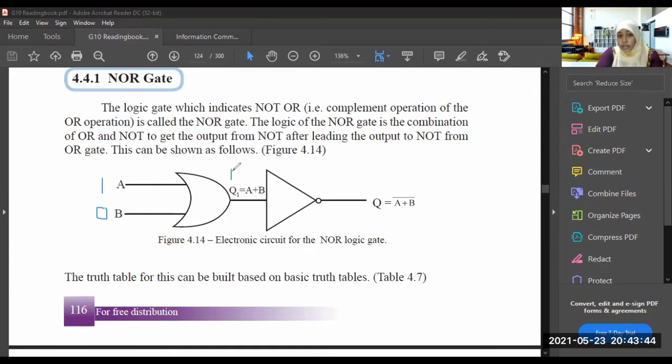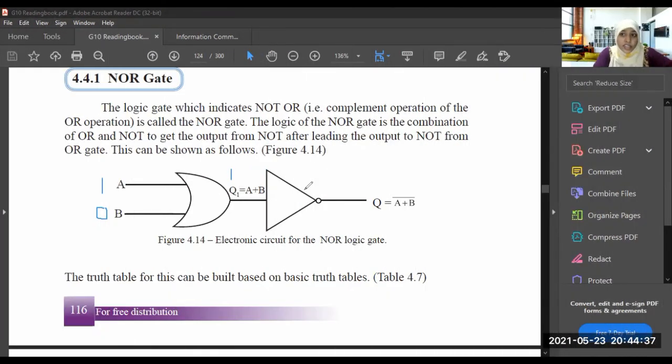So OR gate. Now this 1 is coming through this NOT gate. Now what happens? What will be the output? You know the rule of NOT.